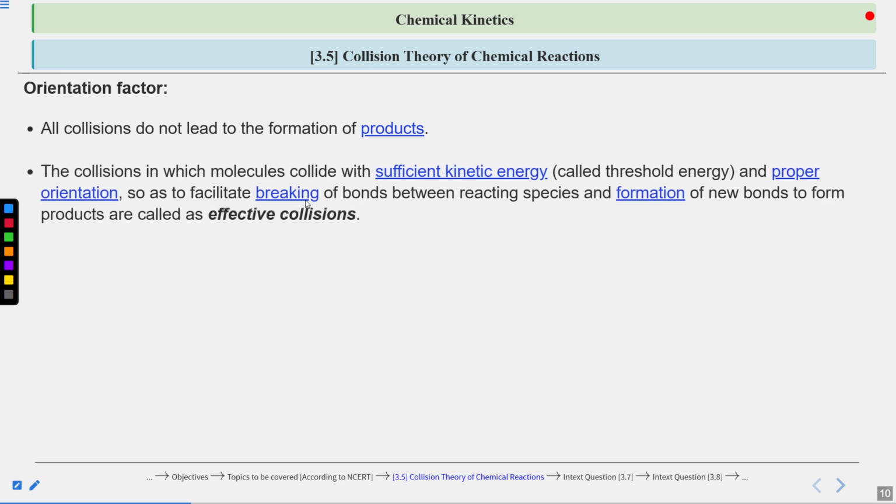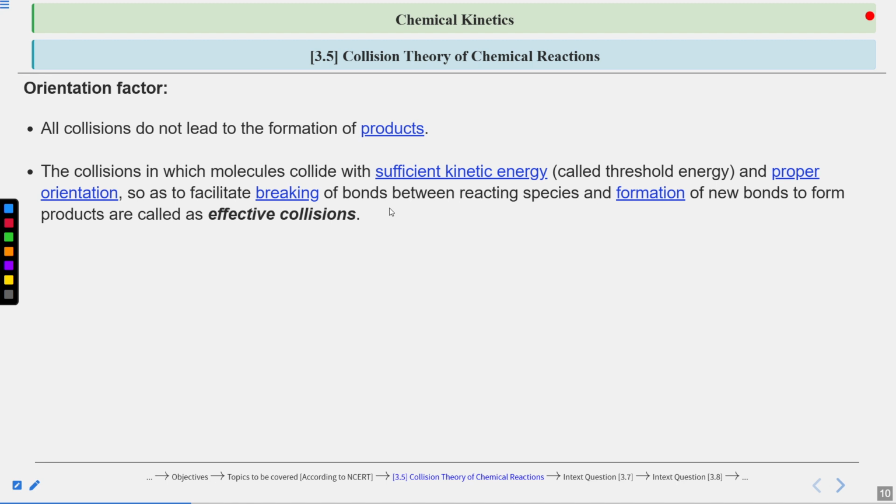The collisions in which molecules collide with sufficient kinetic energy, they should have sufficient kinetic energy in the molecules which are colliding, which is called threshold energy. That minimum or sufficient kinetic energy is called threshold energy, by which the molecules are colliding with each other.